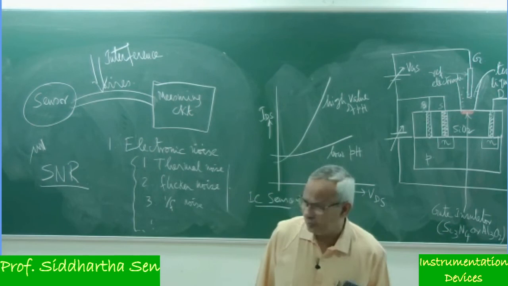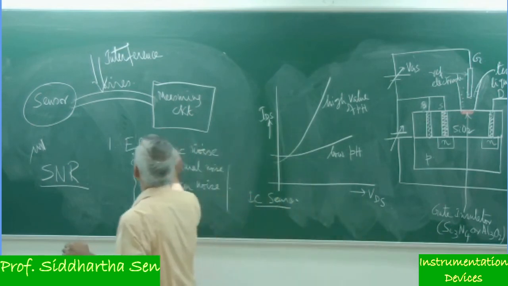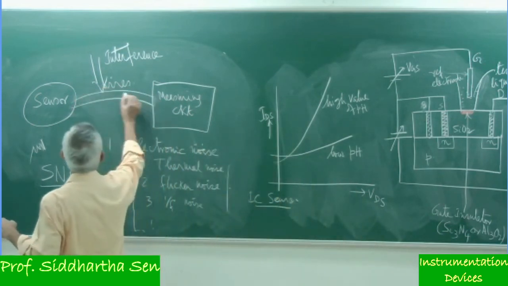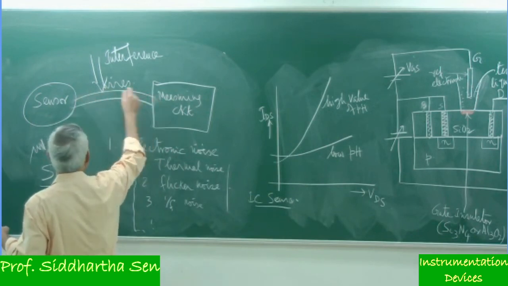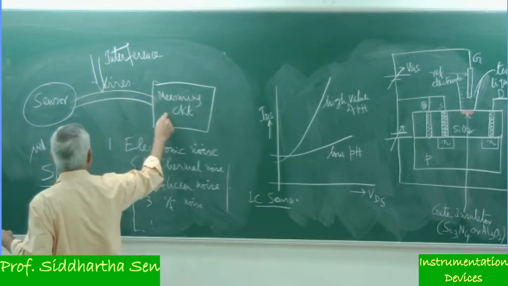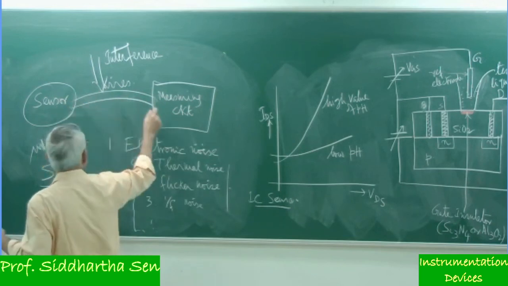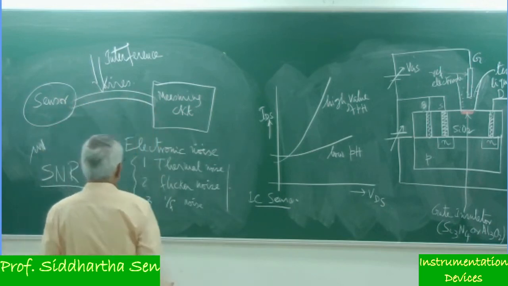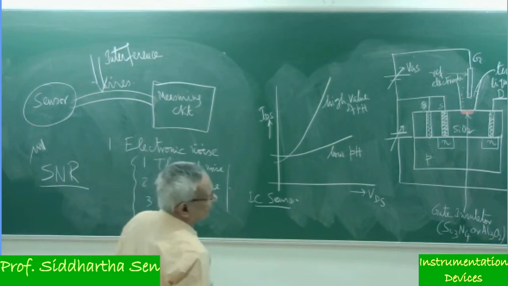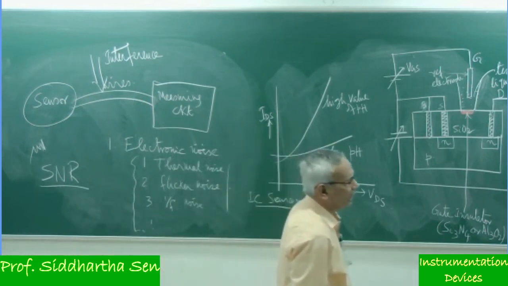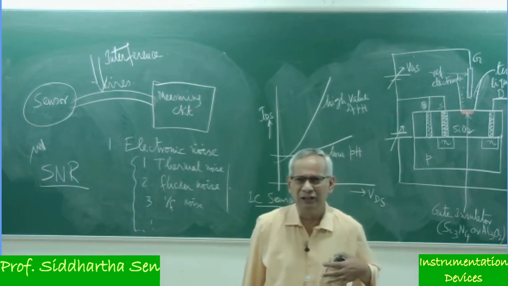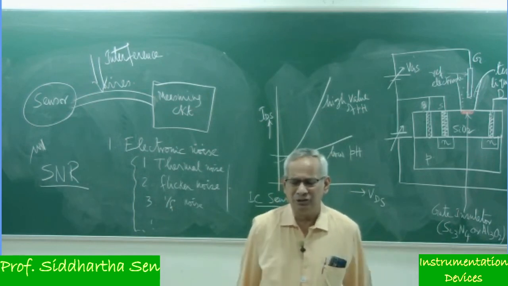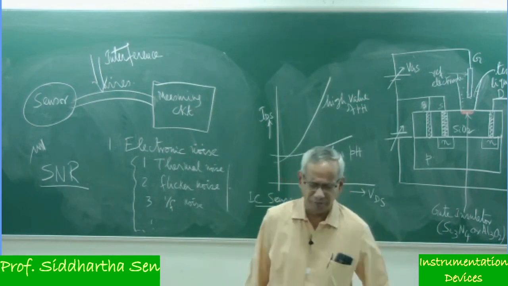Also important, how do you connect the sensing scheme, circuit, and sensor with the measuring circuit through wires? All these things will be affected. Even though you have a good sensor, improper connections or improper grounding can cause problems.